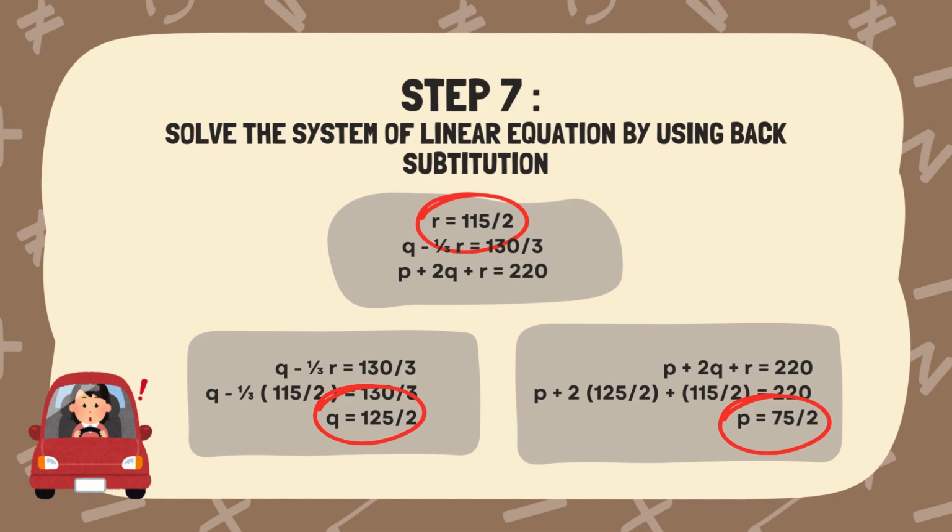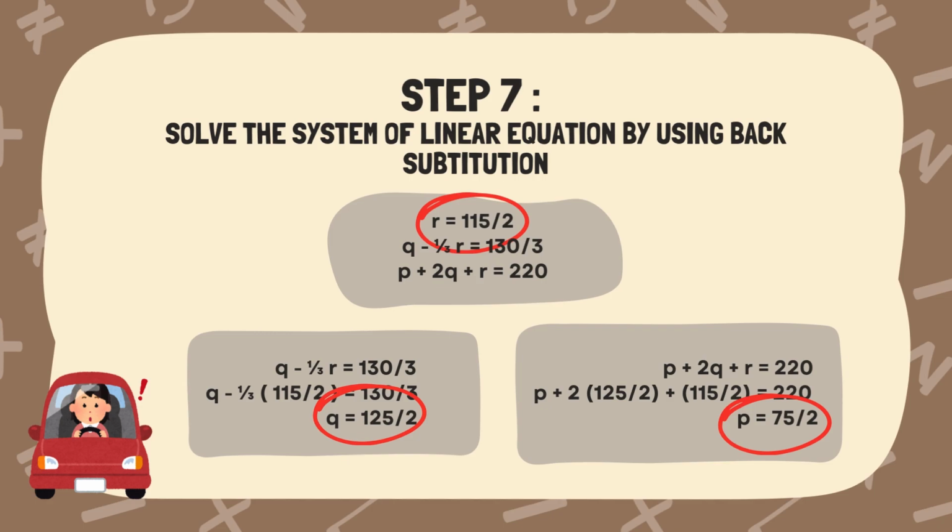Lastly, we solve the system of equations. We already have the value of R, which is 115/2. Now we only need to find the values of P and Q. For Q, we will use the equation Q minus 1/3 R equals 130/3.